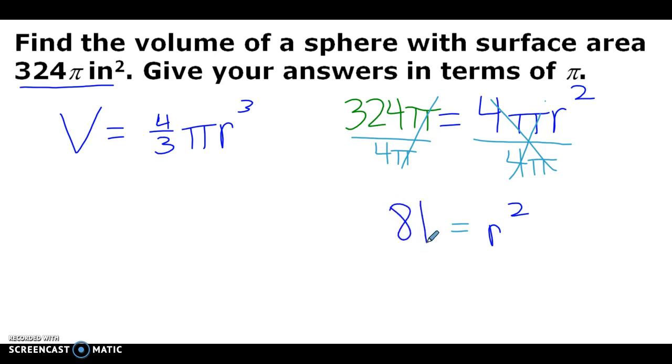Now what do I need to do to get r by itself? Square root it. The square root of 81 is 9. Technically it's plus or minus 9, right? But can you have a radius of negative 9? It's a distance.